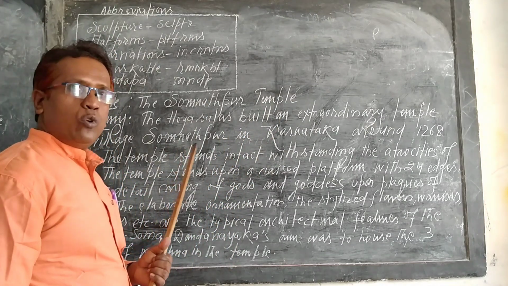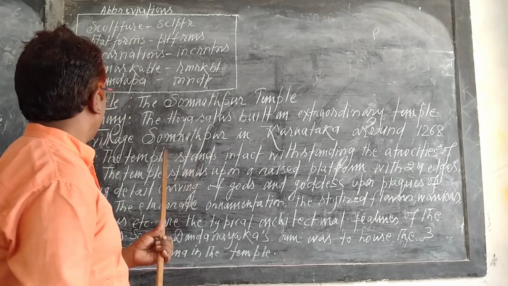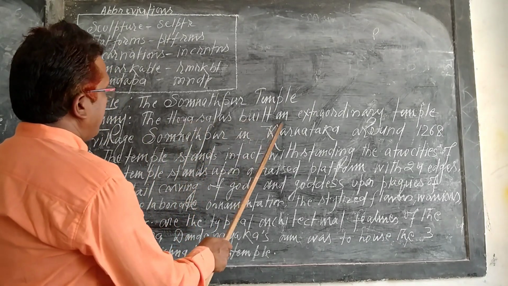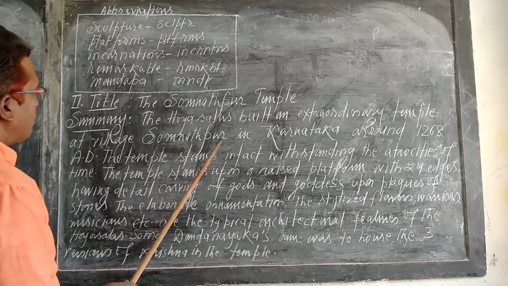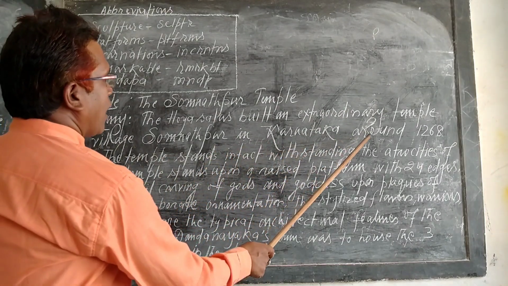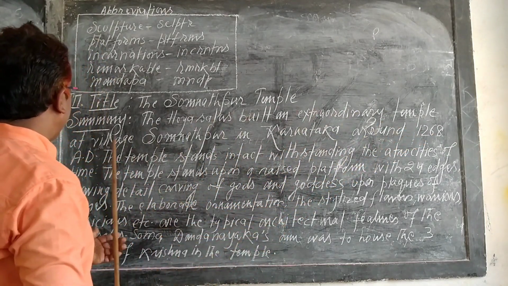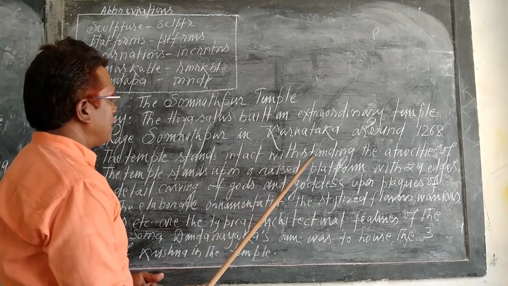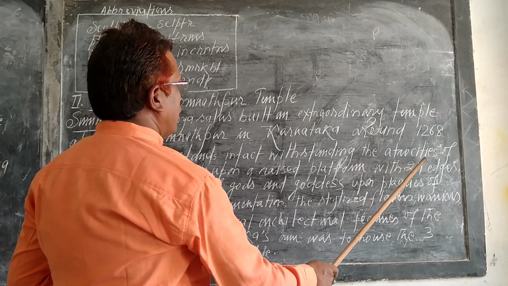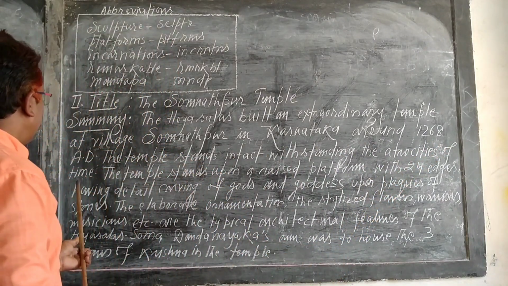Now we are going to read the summary. The Vaisals built an extraordinary temple at village Somnathpur in Karnataka around 1268 AD. The temple stands intact, withstanding the atrocities of time.